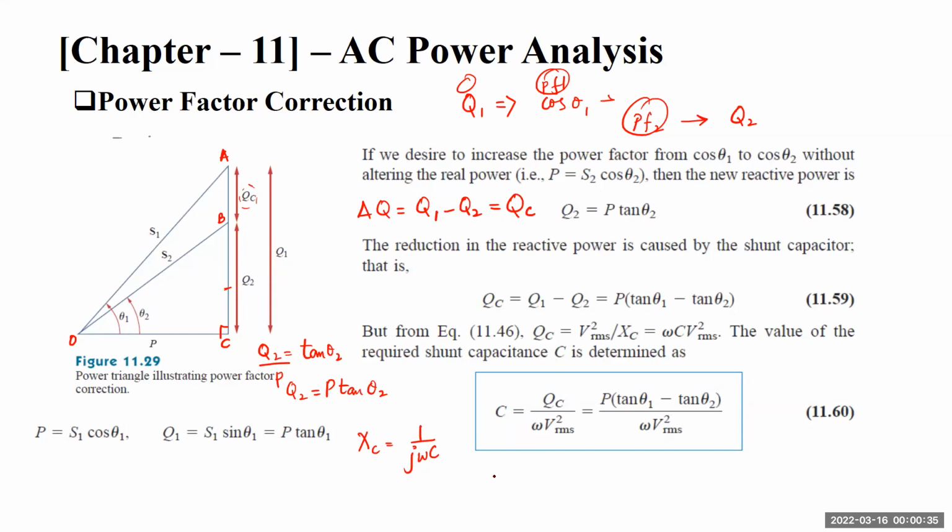We also know that V equals I times Z, and for a capacitor, it is the current of the capacitor multiplied by the impedance of the capacitor.